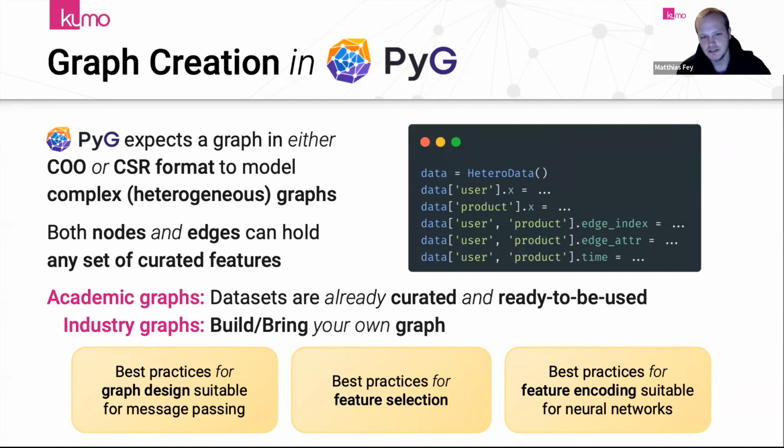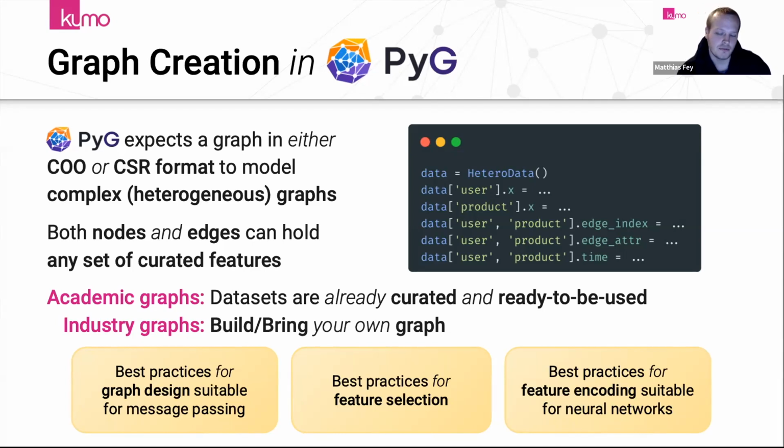What that means is that this involves challenges such as what the best graph design is that I should choose for my given use case, because that graph design is strictly coupled to how message passing operates in GNNs. Then there are questions on what features I can use for my model. How shall I design node features and edge features and so on, and how should I select them?